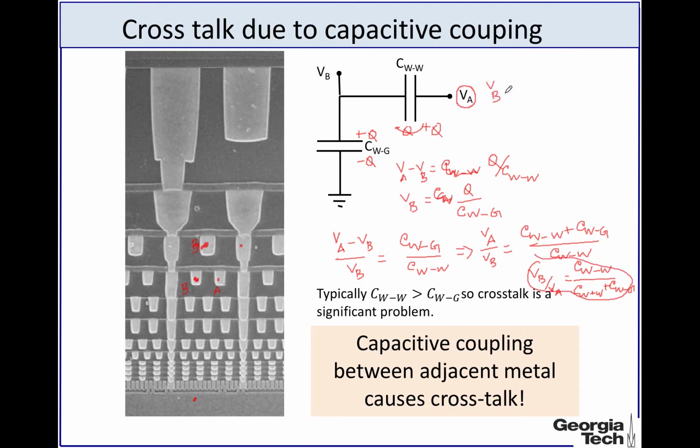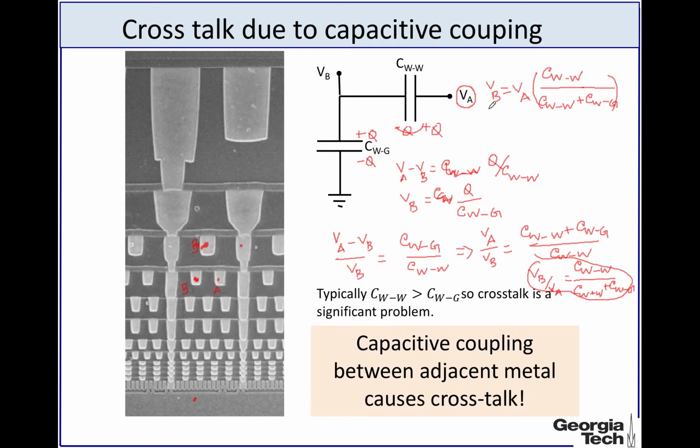VB equals VA times CWW over CWW plus CWG. What this essentially means is that any voltage in this line will create a voltage in this line B, and the ratio of these two voltages is given by this fraction.